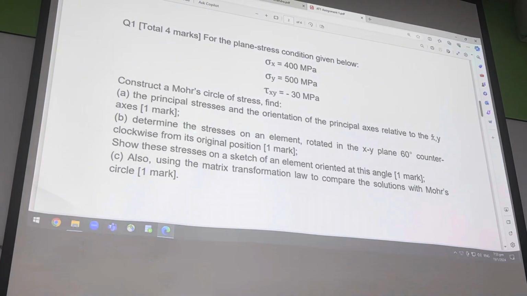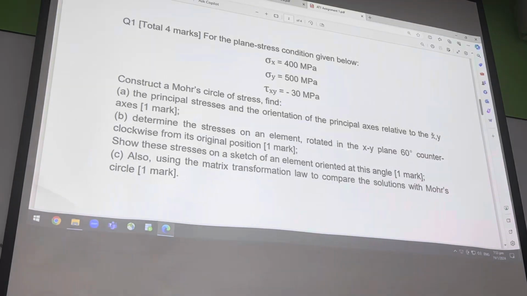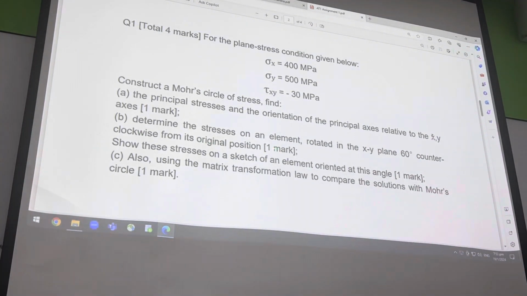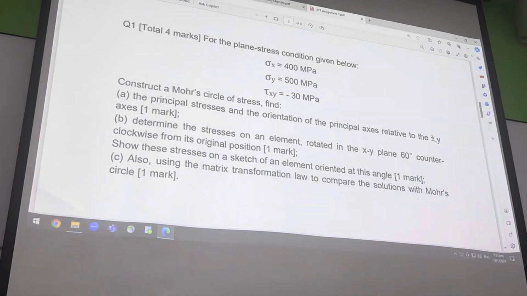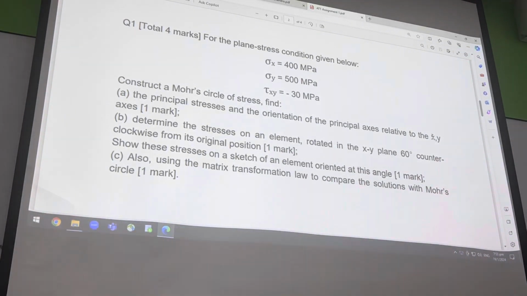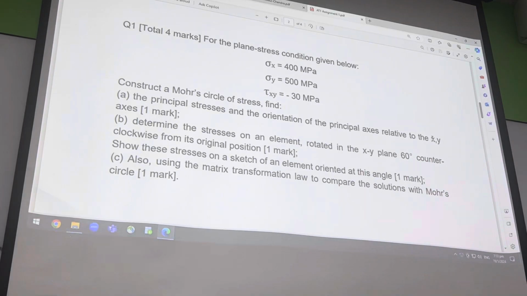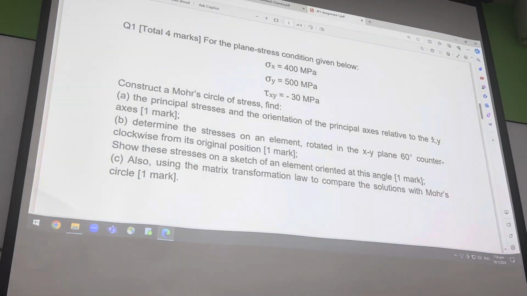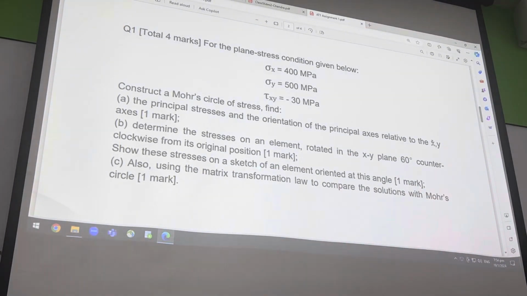Then determine the stresses on an element rotated in the xy plane 60 degrees counterclockwise from its original position. So that means you need to find the transformed state of stresses. And show these stresses on a sketch of an element oriented at this angle.